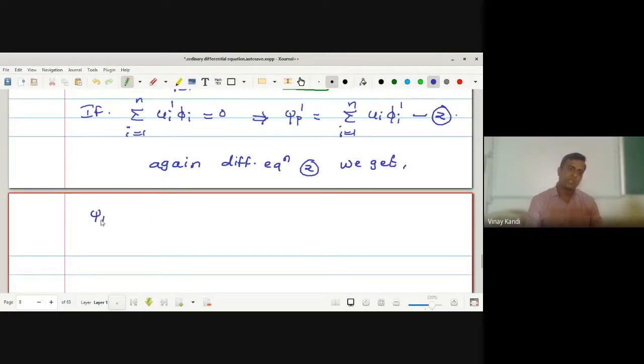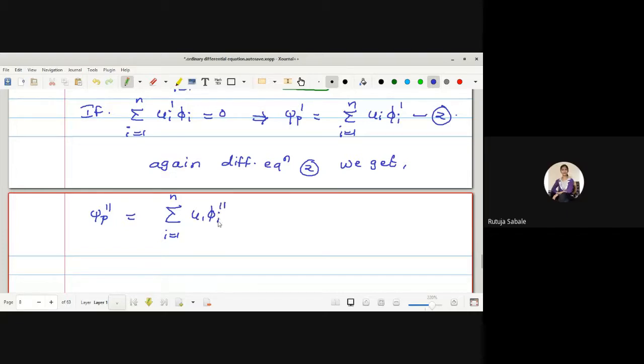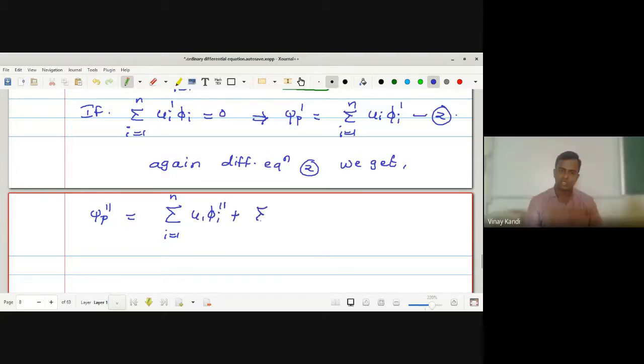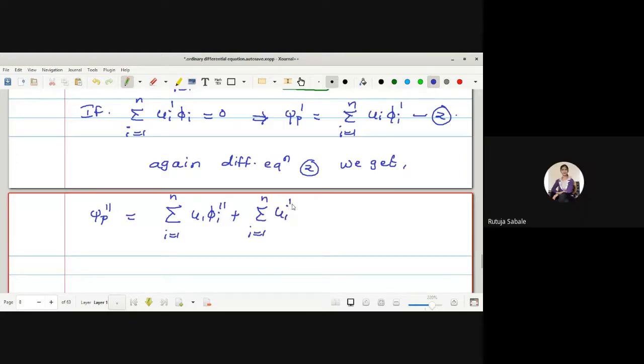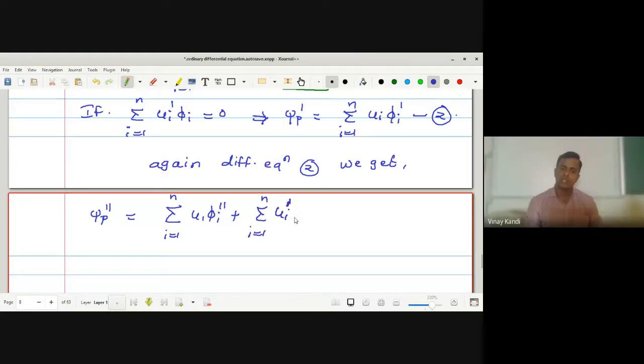ψp'' is equal to, again we will get two terms from this. How will we get them? In the form of summation we can write like this: summation i running from 1 to n ui φi'' plus summation i running from 1 to n ui' φi'.